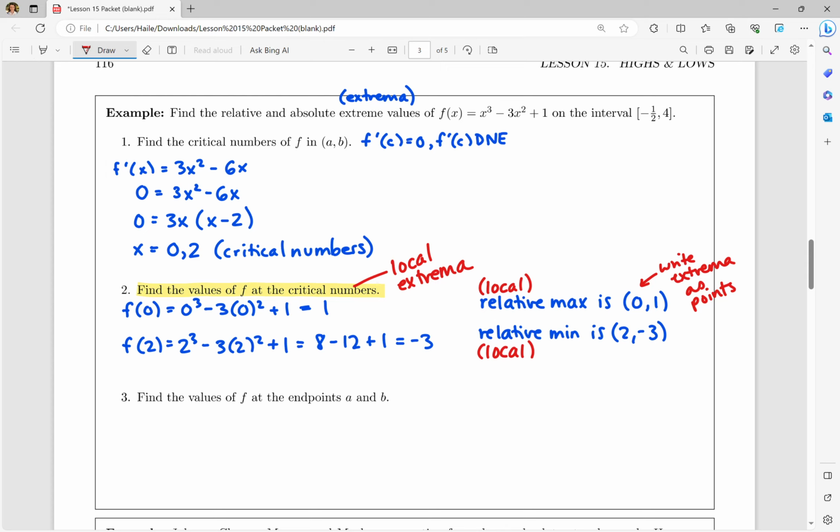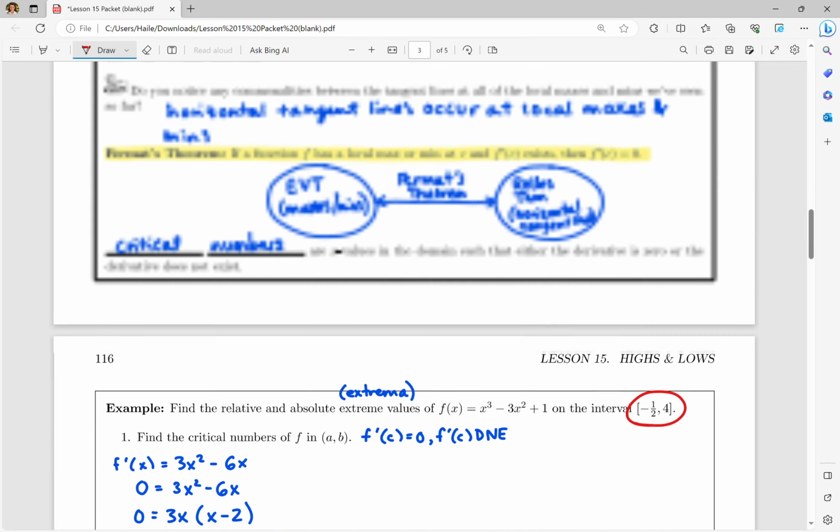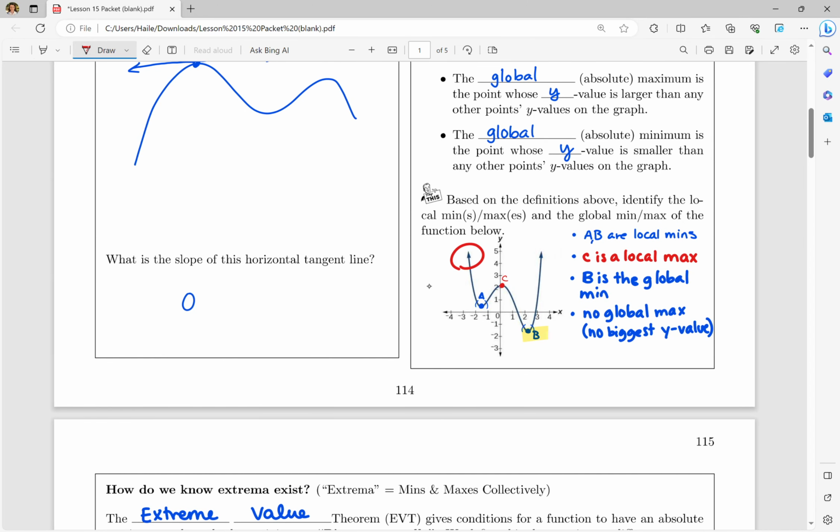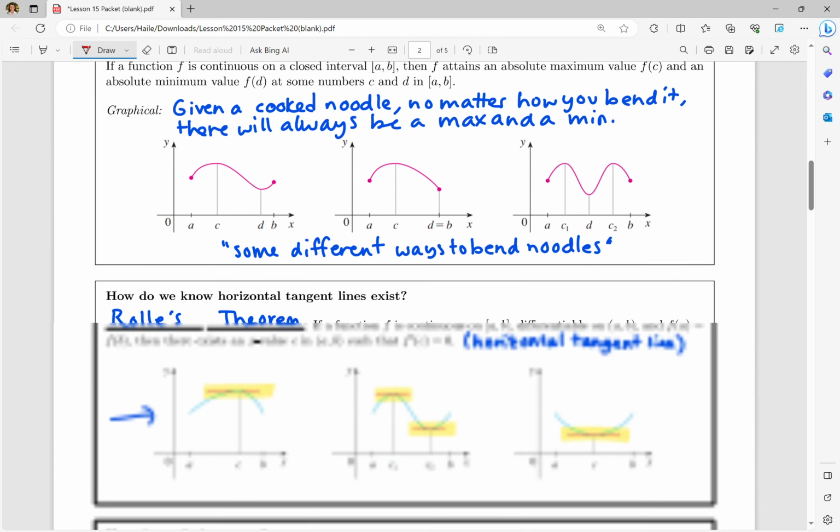All right, now we want to see if we can find absolute extreme values. We had our local extrema already, but if we're finding absolute or global extreme values, then we also need to consider the endpoints of the intervals. Remember that very first graph, where the graph just goes off to infinity, so we don't actually have an absolute maximum on that graph.